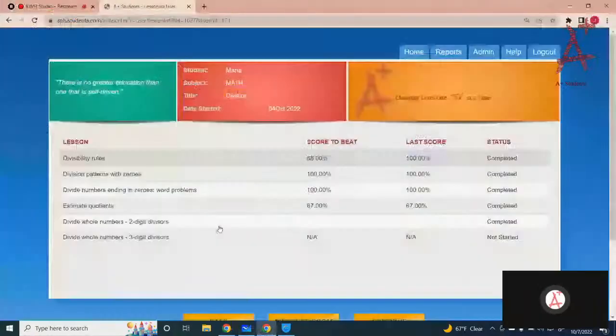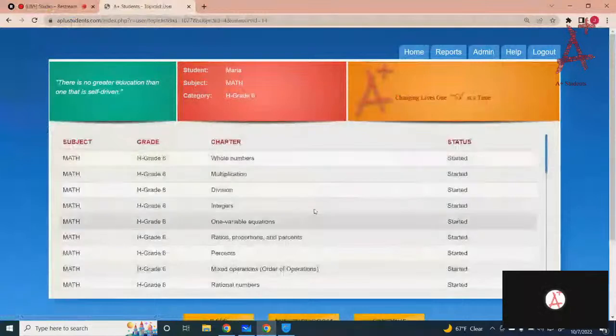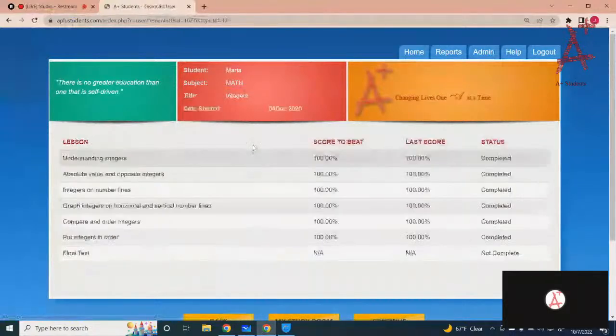We are on the next chapter, that is integers. So let's just practice questions. Okay, let's just start with the test.